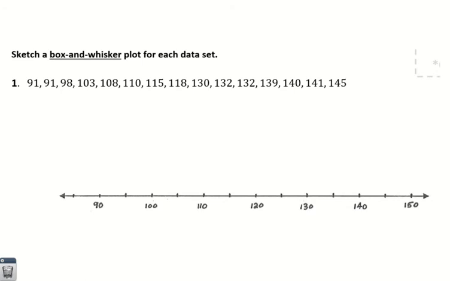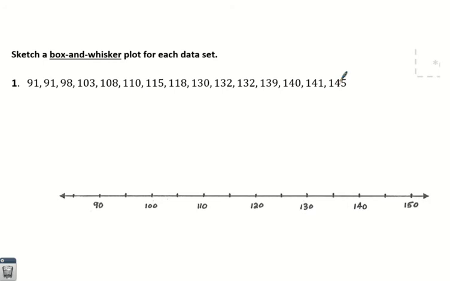But here we go. If I want to draw a box and whisker plot, I need, first of all, the median. And remember, to find a median, these numbers need to be in order, which they all look to be. So 1, 2, 3, 4, 5, 6, 7, 8, 9, 10, 11, 12, 13, 14, 15 values.